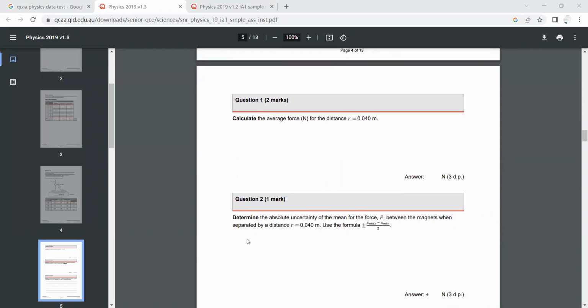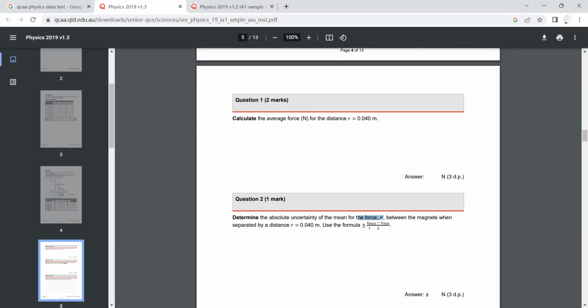Determine the absolute uncertainty of the mean for the force F between the magnets when separated by a distance r equals 0.4 meter, using the formula plus minus x max minus x minimum over 2. We have found the mean, which is 0.061.